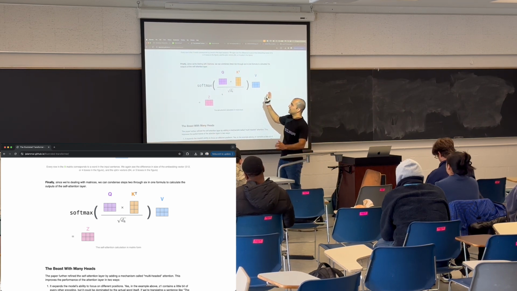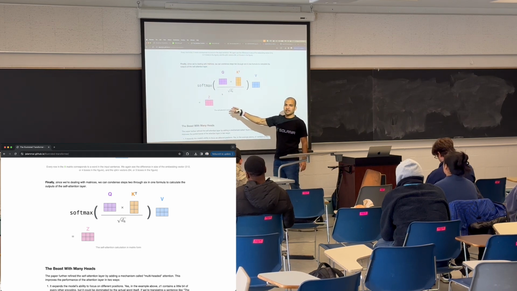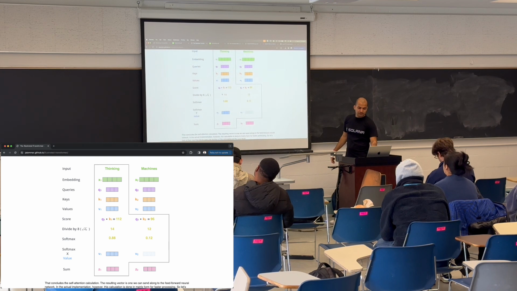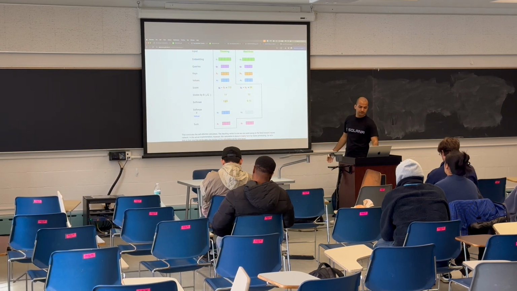It seems like you are just taking the softmax of the V and getting the Z. That is not what's happening. The actual thing that happens is this: you take the softmax, you multiply it with V1, and then you take the softmax, you multiply with V2, and then you add all the V's together, weighted by the softmax.